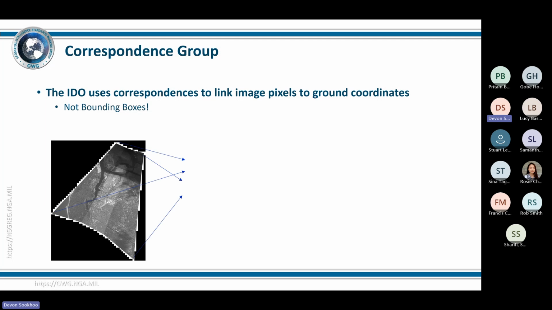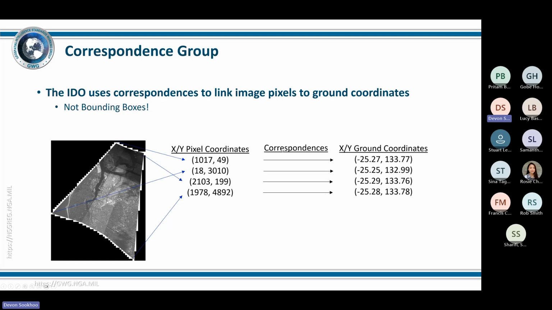The correspondence group links a list of pixel coordinates to a corresponding set of ground coordinates, and a list of these is what's called a correspondence group. They don't have to be the four corners of the image; they can form arbitrary polygons. But the correspondence group is how coordinates are stored in the IDO using RDF.